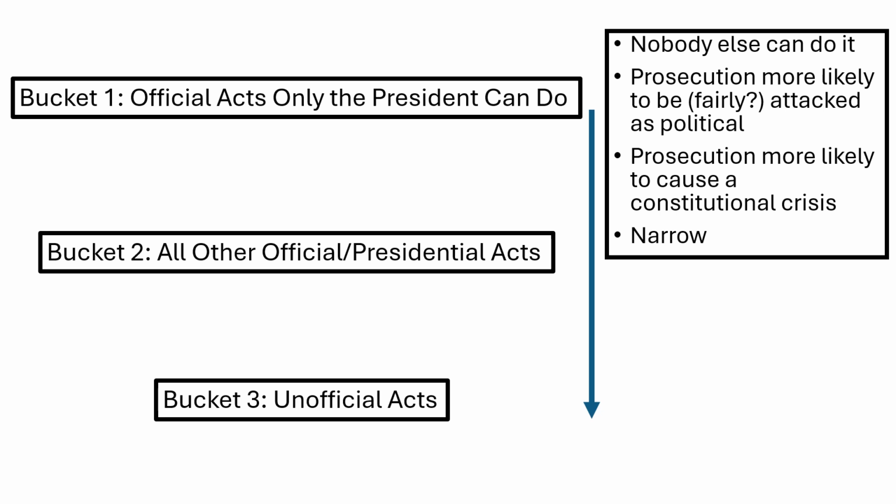But beyond that, there's some practical wisdom here, because going down from bucket one to bucket three, my sense is that any prosecution for acts in bucket one is much more likely to be attacked, and fairly attacked in some cases, as a political attack, and much more likely to cause a constitutional crisis if you prosecute it.